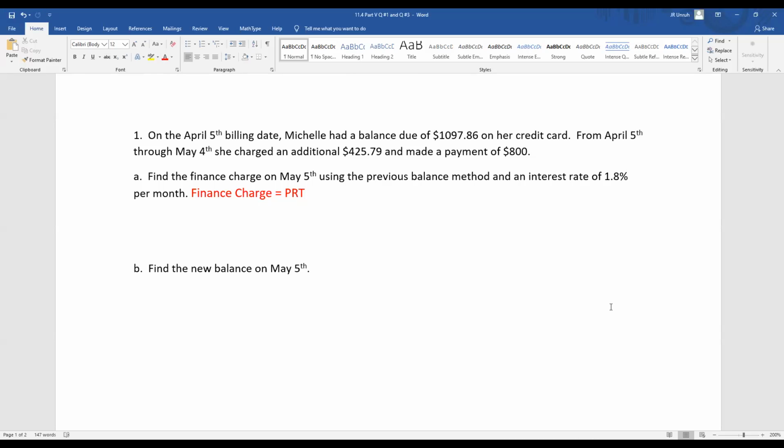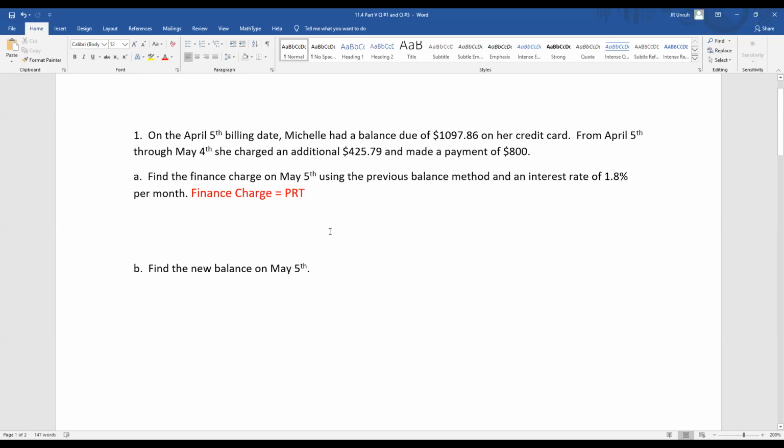So our time here, we don't need to divide that interest rate by 12 because the interest rate is 1.8% per month. And we are looking for the finance charge for the month of April.